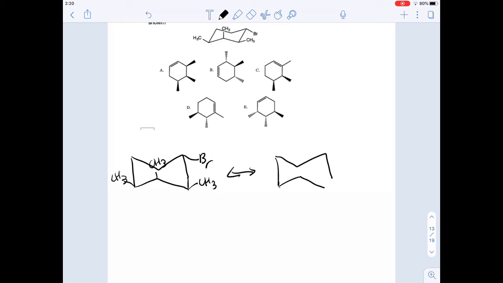So you get Br on axial. Okay, 1 second. I'm going to draw this differently because it's taking up too much space.